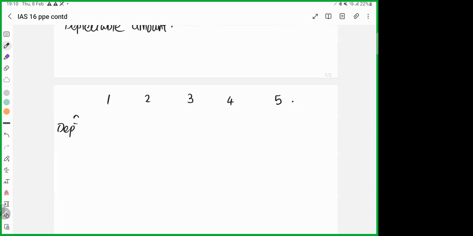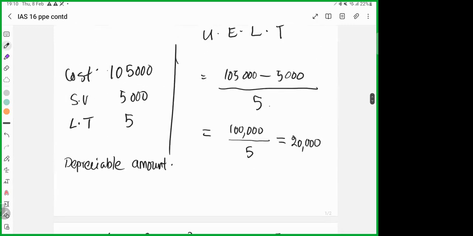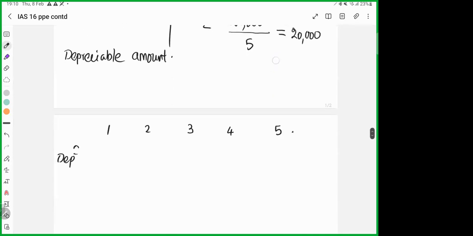The cost divided by 5. In the straight line method, we should understand that every year my depreciation is equal, meaning every year you will have the same depreciation. So the first year my depreciation will be 20.